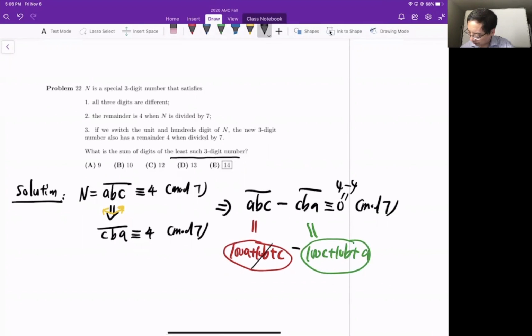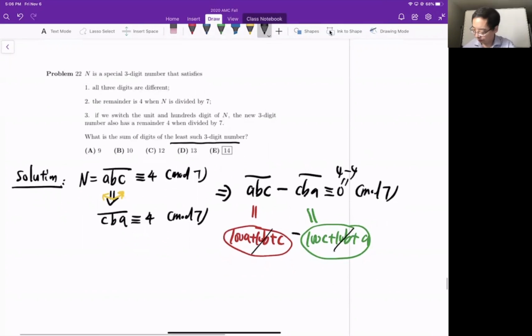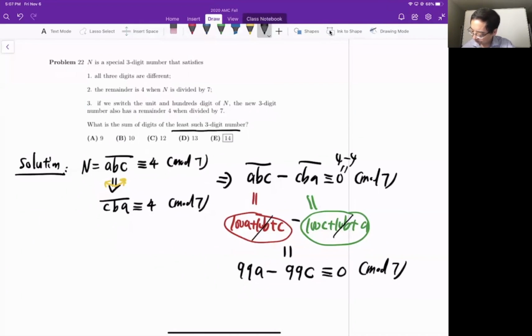Immediately we see the 10B terms cancel with each other. Now we combine like terms of A and C, and this equals 99A minus 99C, and this is divisible by 7, okay?